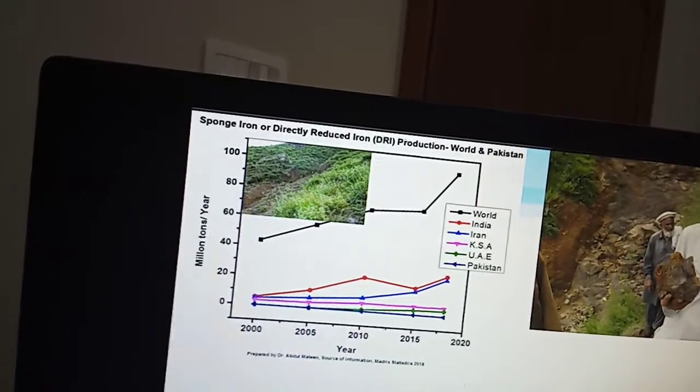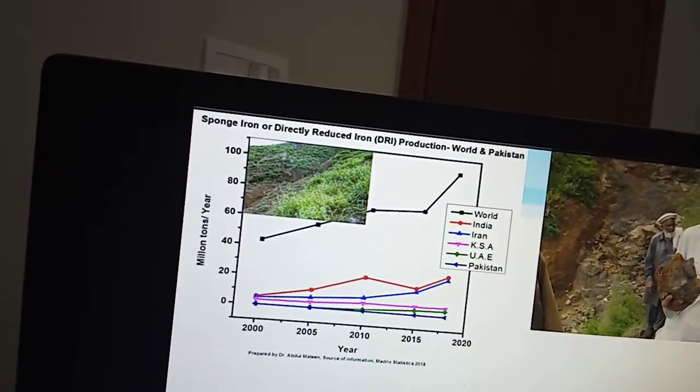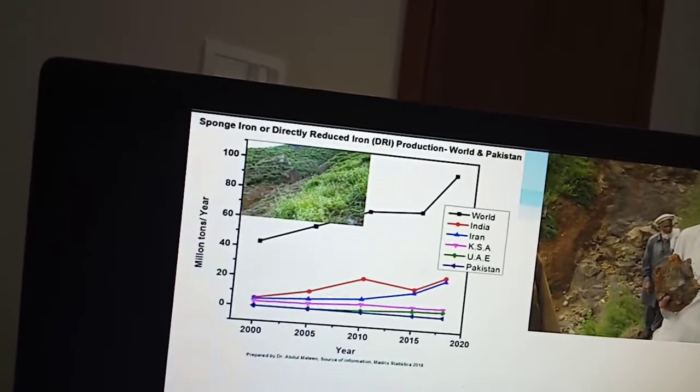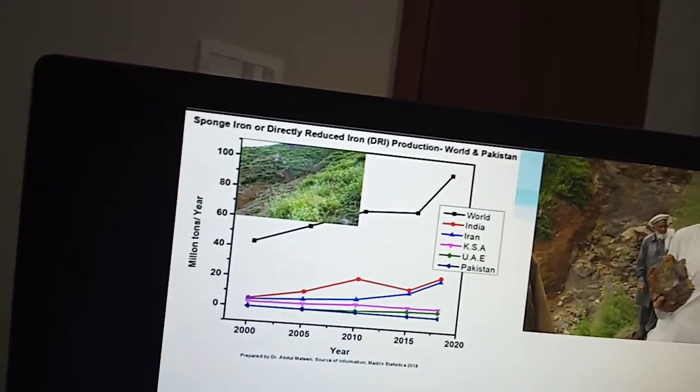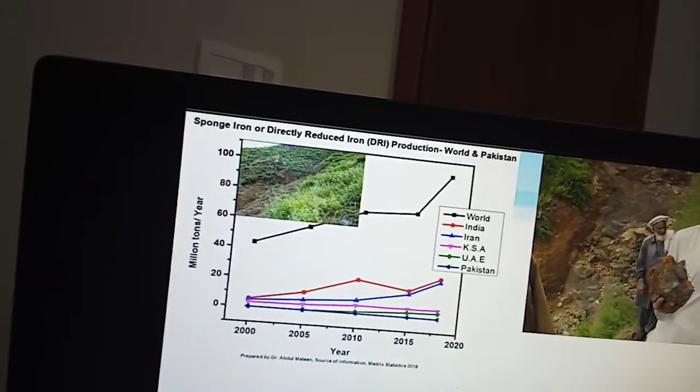And this is one of the biggest reasons for the failure of Al Tabarki steel mill, because Al Tabarki steel mill Karachi was based on natural gas during the government of Parvez Musharraf.